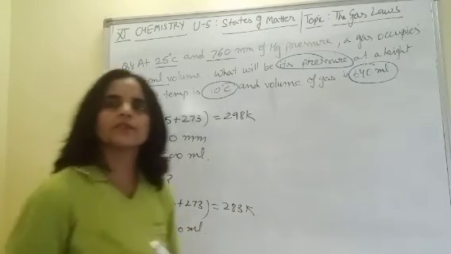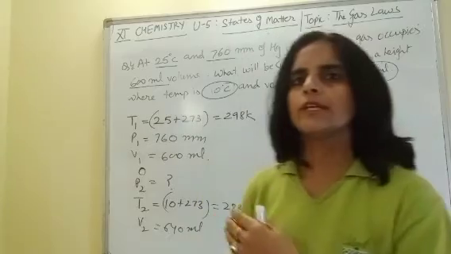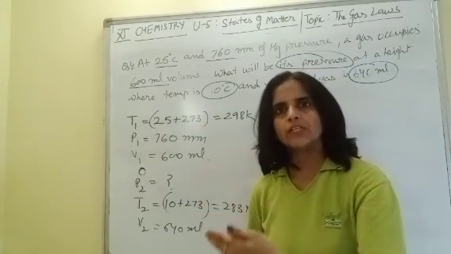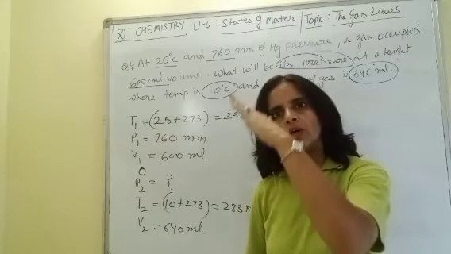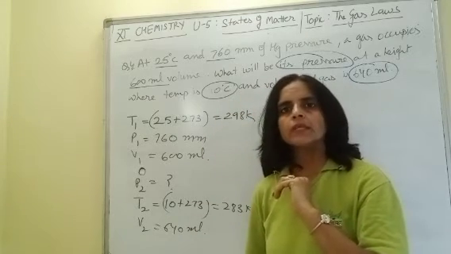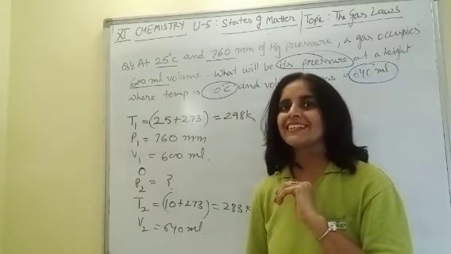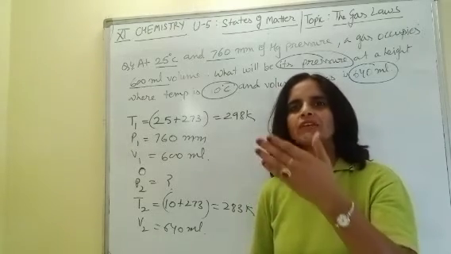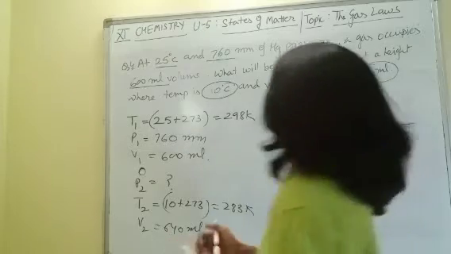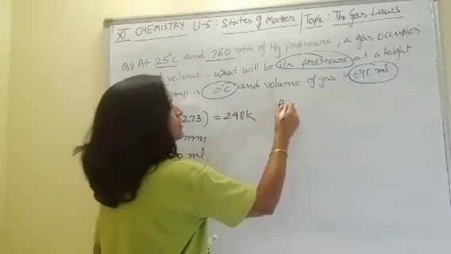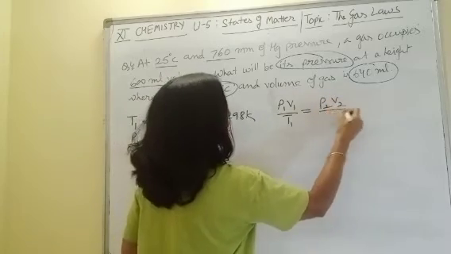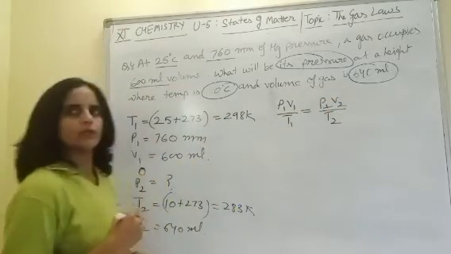Now just try to answer this question, children: all three variables are given, pressure, temperature and volume. When all three variables are given, which law will we be using? Yes, the combined gas law. P1 V1 by T1 equals P2 V2 by T2. So use this equation and substitute all the values.